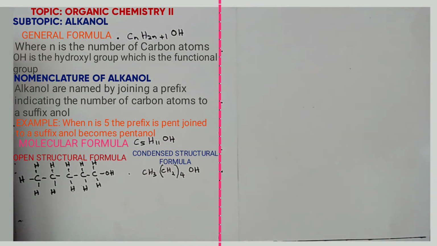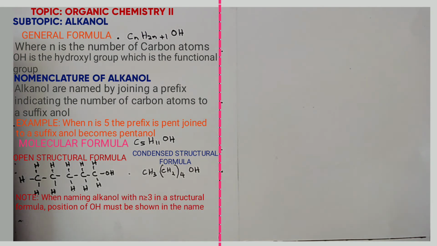That is called the condensed structural formula. Now note that for alkanols with more than 3 carbon atoms, the position of the hydroxyl group must be shown in the name. That is, when the name is from a structural formula.